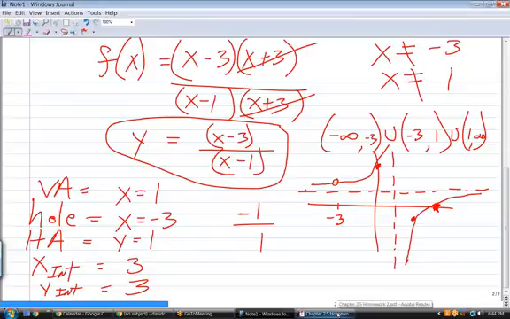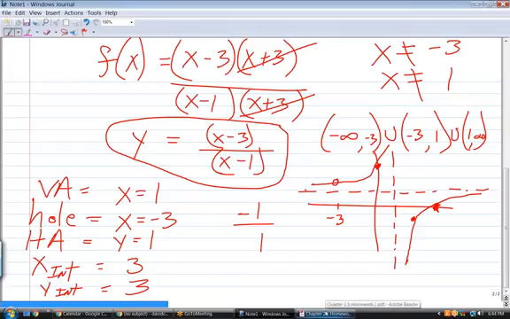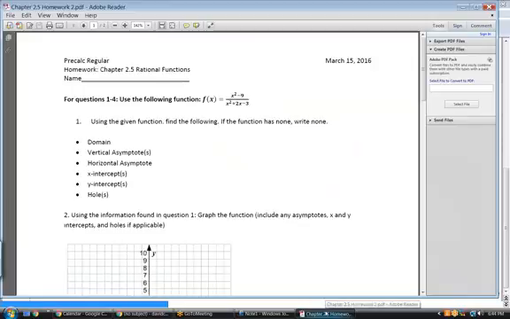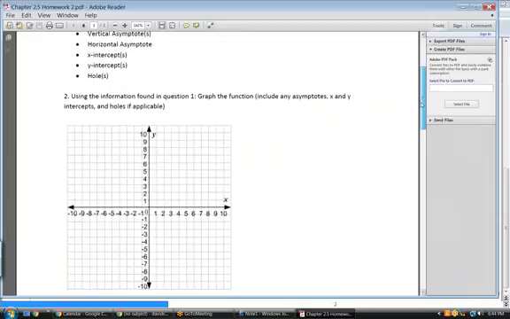So I guess we've done everything on this. We've calculated everything they wanted, and we've graphed it. They didn't even ask us to graph it, but we did anyway. All right, number 2.